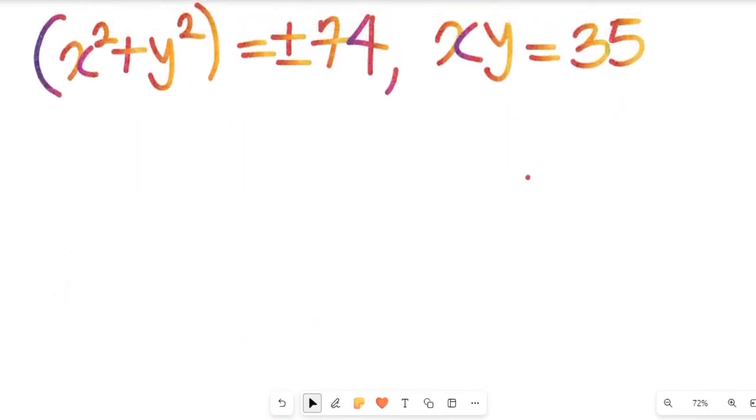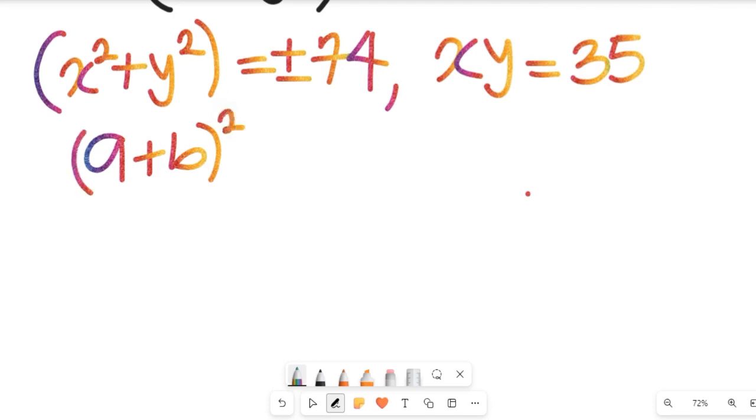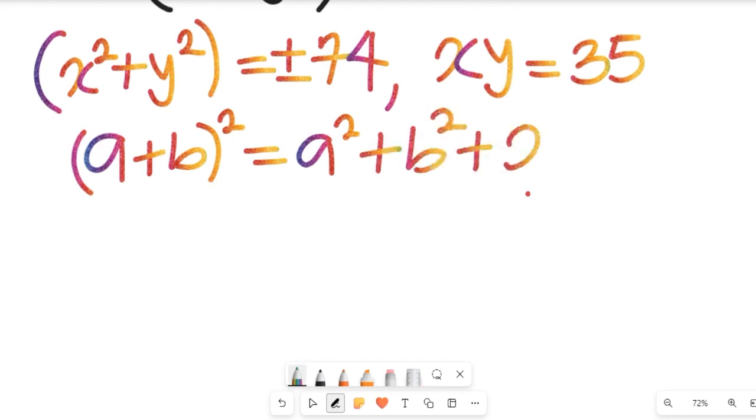From the algebraic formula, we were told that (a plus b) squared is equal to a squared plus b squared, then plus 2ab. We've done this algebraic formula formally.